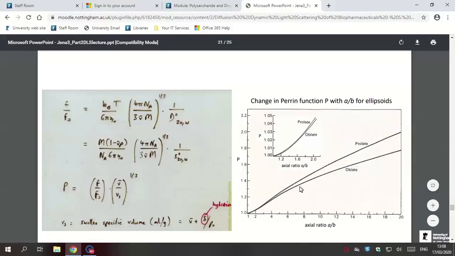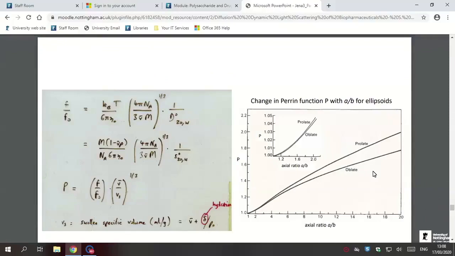This is how the Perrin function changes with axial ratio for prolate and oblate ellipsoids. So it's a complementary function to the viscosity increment, which you met with the viscosity practical. And for ellipsoidal work, these parameters are built into the program called ellipse1, which is used in the viscosity practical.